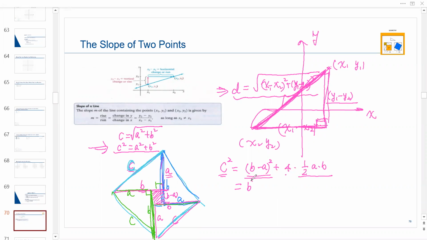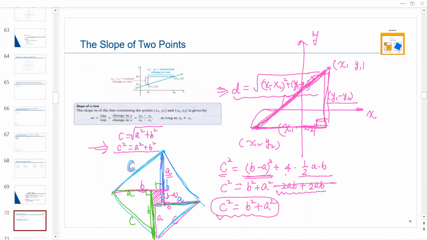So can you do this one? This part is B squared minus 2AB plus A squared, right? And this part equals 2AB. So you cross out the 2AB terms, and here you get C squared equals A squared plus B squared. That's one way we prove it quickly.